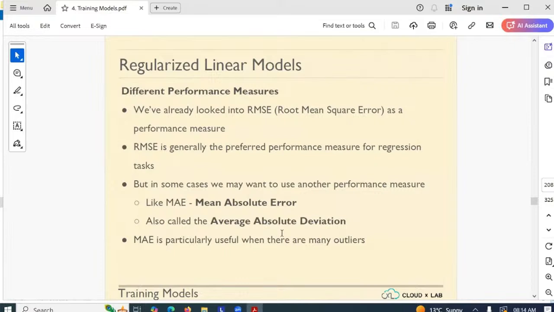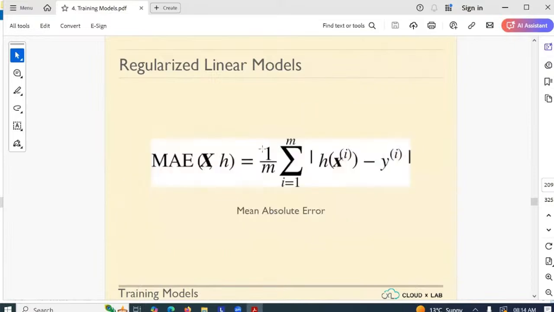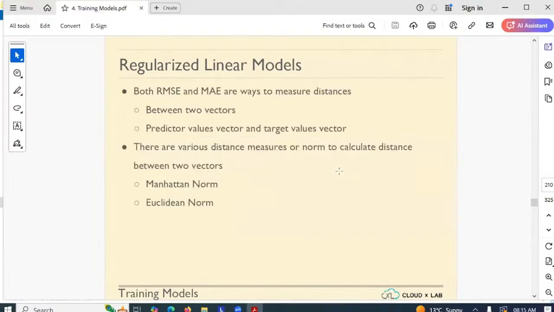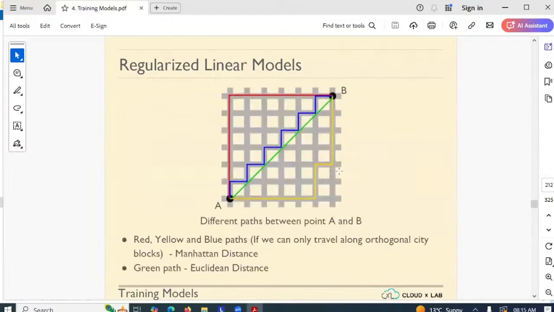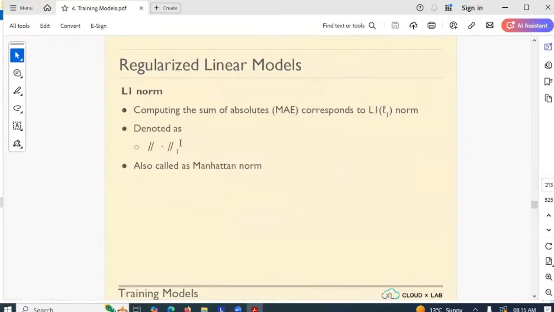L2 norm means we are taking squared values. If we are taking absolute values, then we are calculating mean absolute error. Computing the sum of absolutes corresponds to the L1 norm.